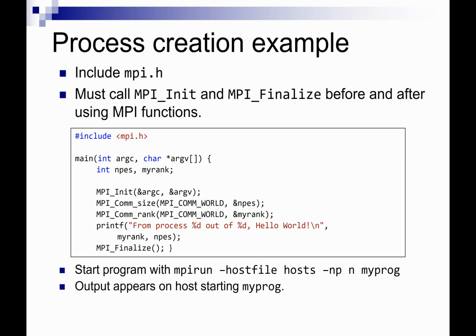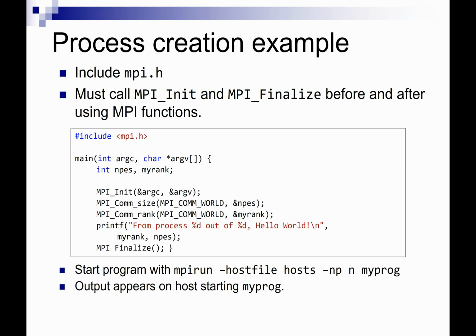And if you want to run this program, after you install MPI, you can just type something like mpirun, and then you could have a host file here, which tells it all of the processors that you're allowed to access. It's basically on your network.